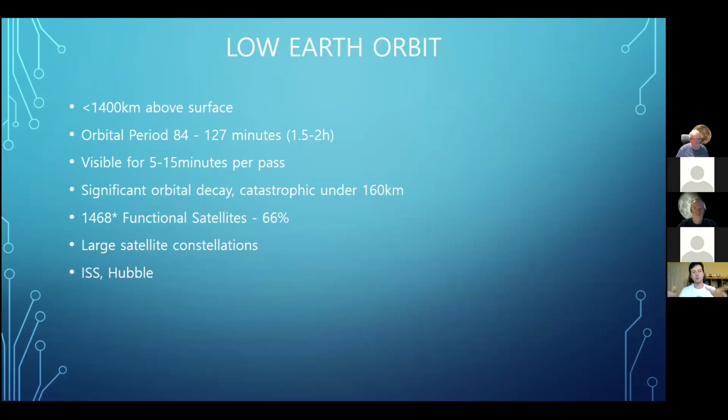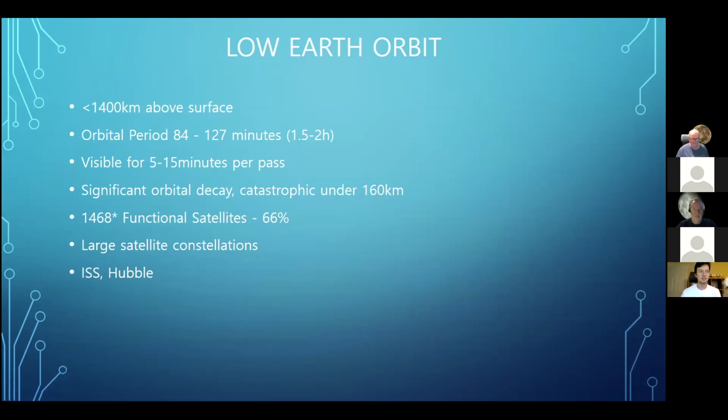So for the things that we put in Low Earth Orbit, and this is where that equation was important, up to 1,500 kilometers their orbital period is between 90 minutes and 130 minutes, so 1.5 hours to 2 hours. That's how long it takes them to orbit Earth. From our point of view, on the ground seeing them pass overhead, this takes, depending again on the altitude, between 5 to 15 minutes per pass, depending on how much sky is visible.